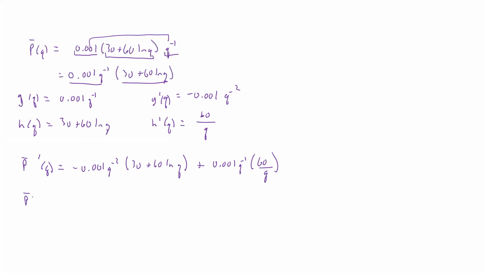Now we're just going to plug in 10 and all that. So we need P bar prime of 10. If we plug all that in, hopefully we'll get an answer that makes sense. Negative 0.001 times 10 to the negative 2 times 30 plus 60 ln of 10, plus 0.001 times 10 to the negative 1, and then times 60 divided by 10.